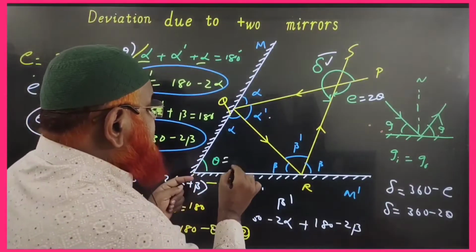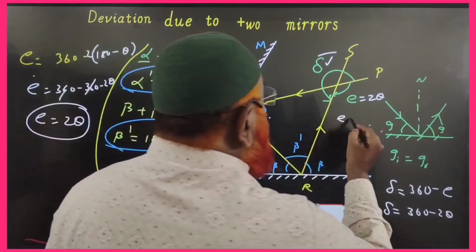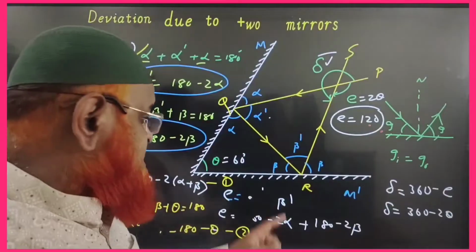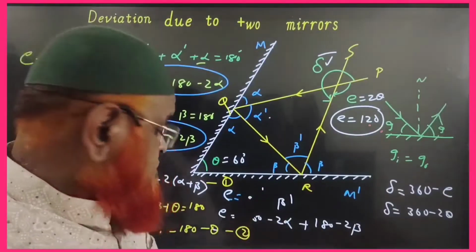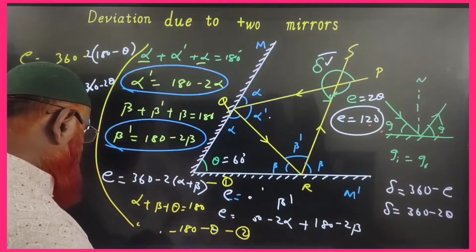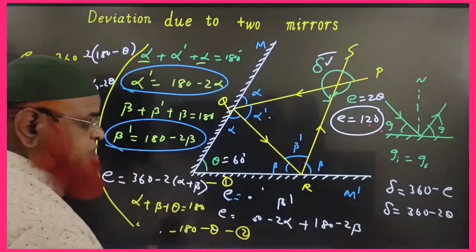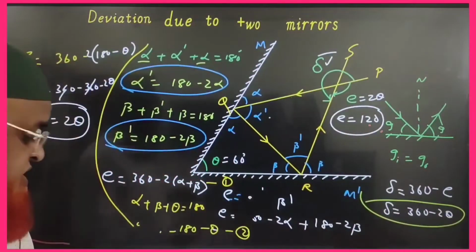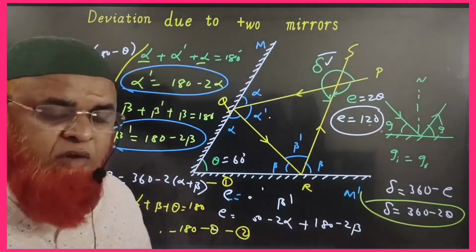If theta is 60, the exterior angle is going to be 120. There is one previous year question regarding this also. This final step you have to remember: deviation is equal to 360 minus 2 theta. Thank you very much.